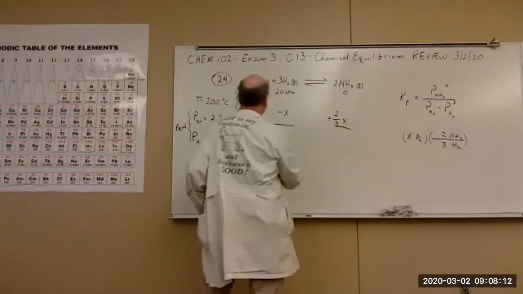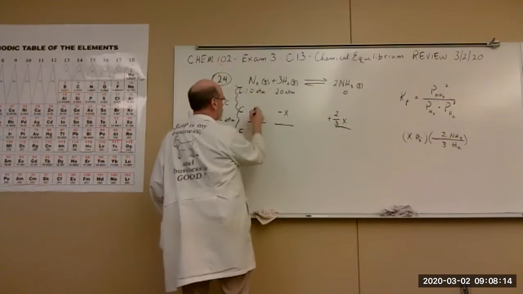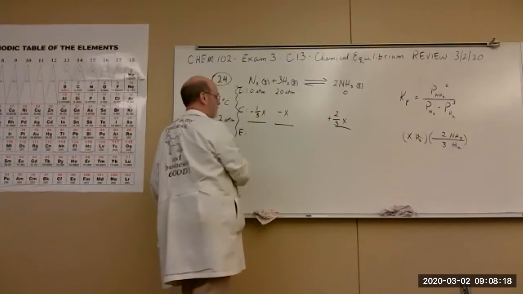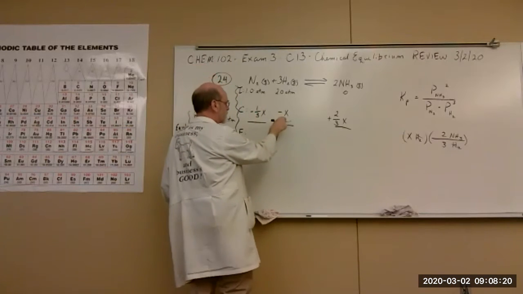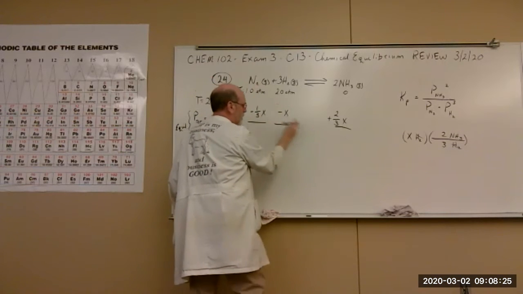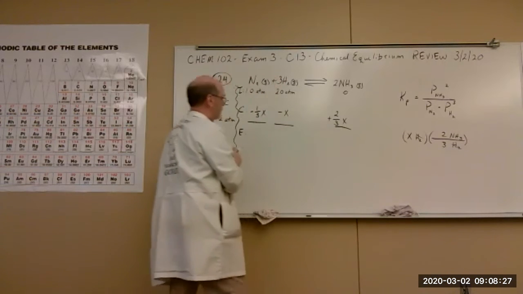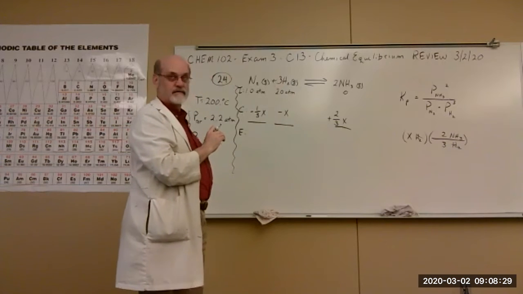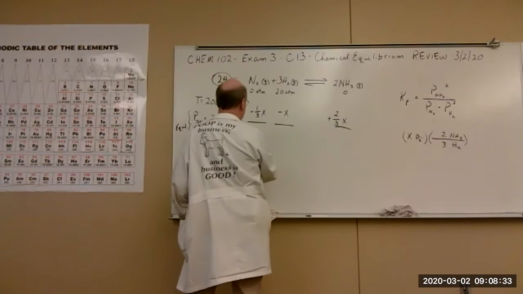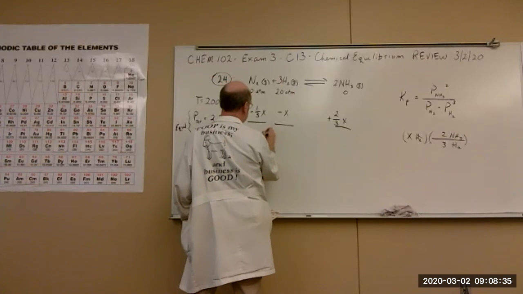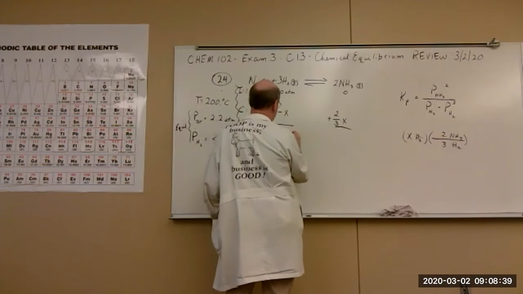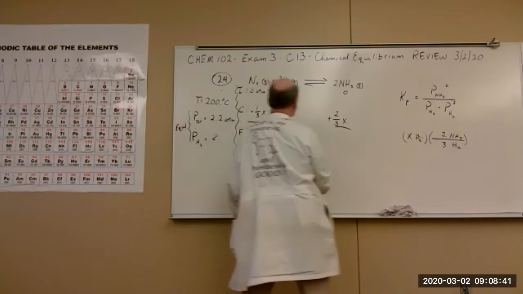How about this one? This would be 1/3 x. For each x here, it only takes 1/3 of these to combine with it to make that. We good so far? Okay. So at equilibrium, we've got 1 minus 1/3 x, and here we have 2 minus x.